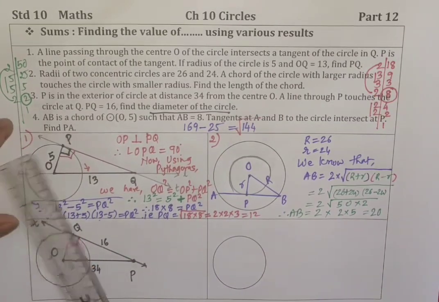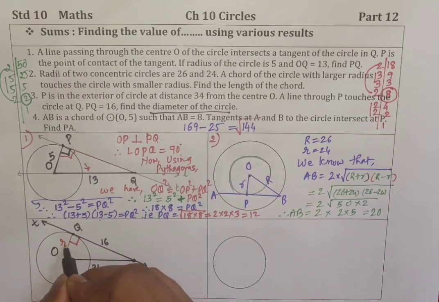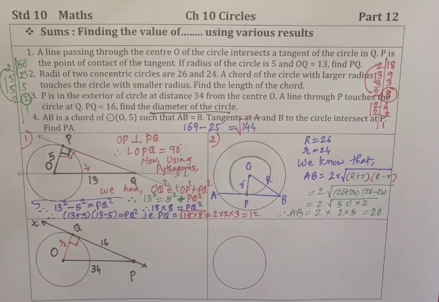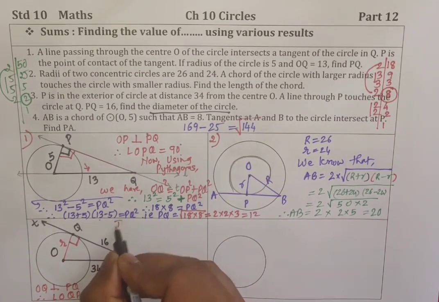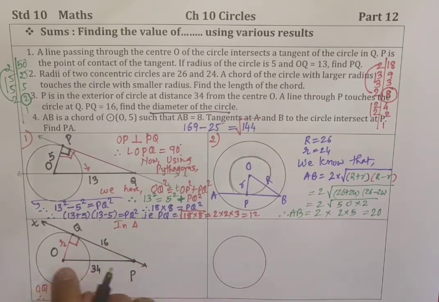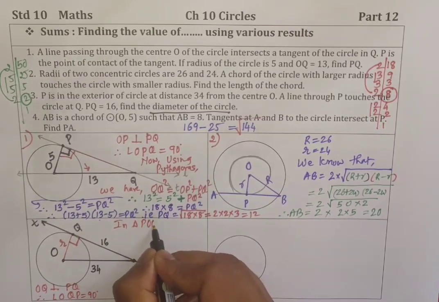So it is perpendicular. It is not known. So let me write R. Use Pythagoras. Alright. चलिए मैं क्या करता हूं? OQ is perpendicular to PQ. है ना? By theorem. Therefore, angle OQP is 90 degree. So triangle POQ.